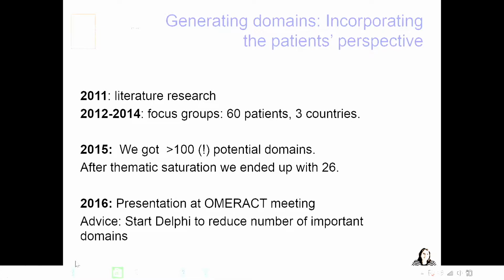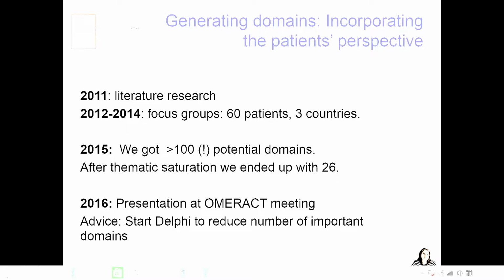So what we did was, between 2012 and 2014, we organized 11 focus groups with over 60 patients in total in the US, in Sweden and South Korea, because at that time these were the 3 countries that were in the group. These were semi-structured interviews led by facilitators, and we asked every patient 2 open-ended questions.